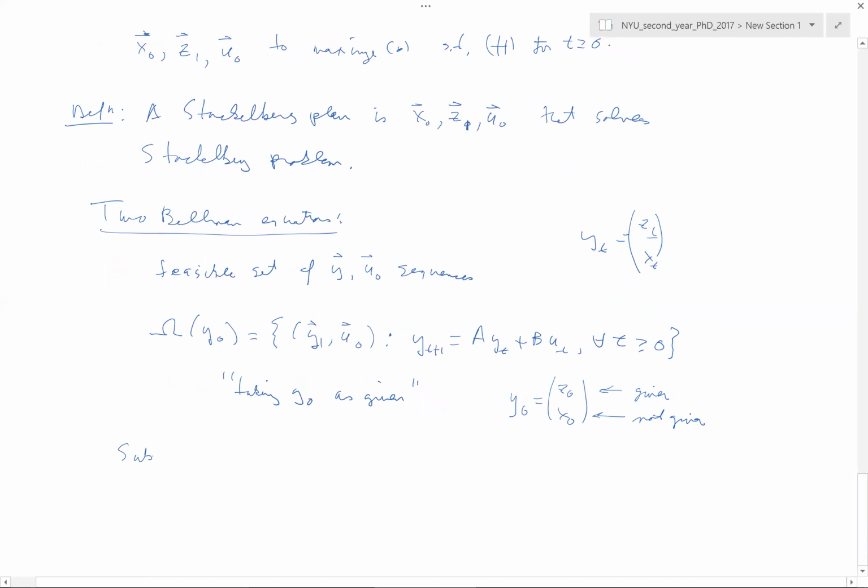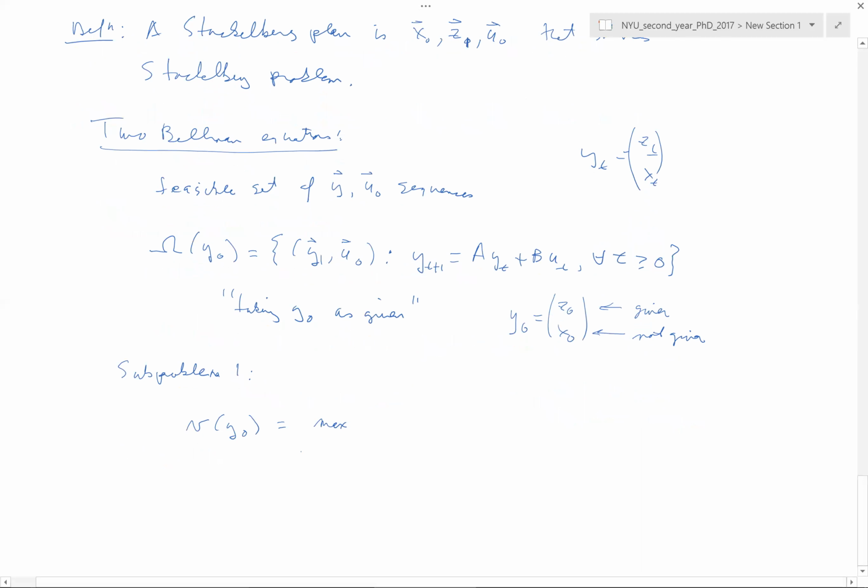I'm going to define subproblem 1. So here it is. I'm going to let V of Y0 be the maximum over Y1 continuations, U0 continuations, belonging to Omega of Y0.